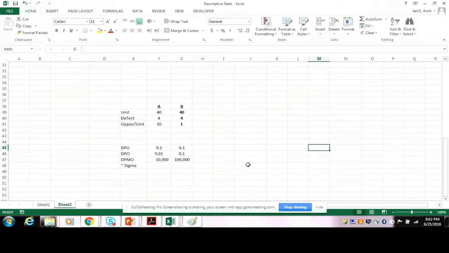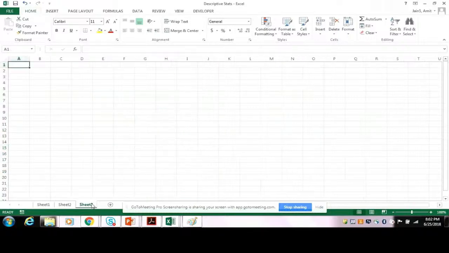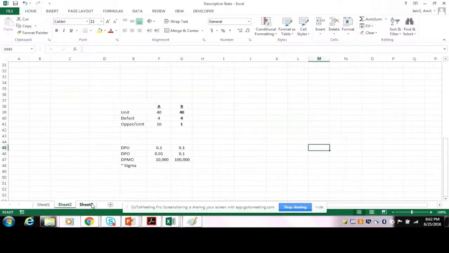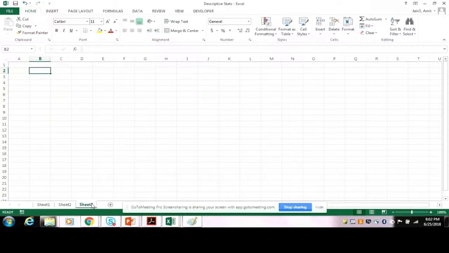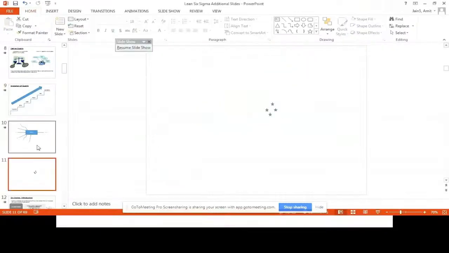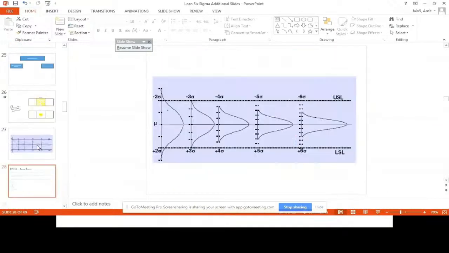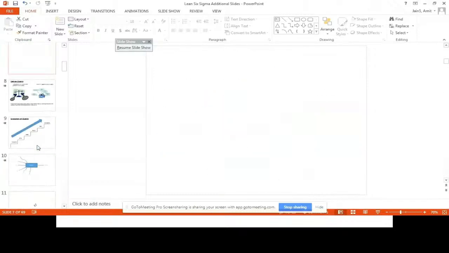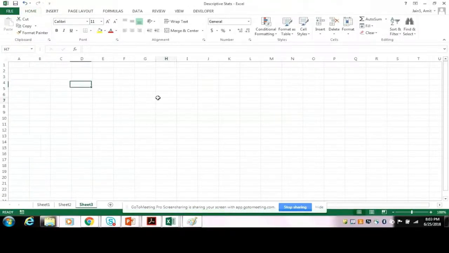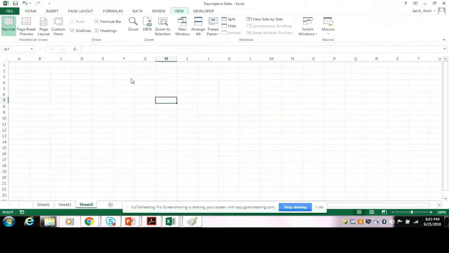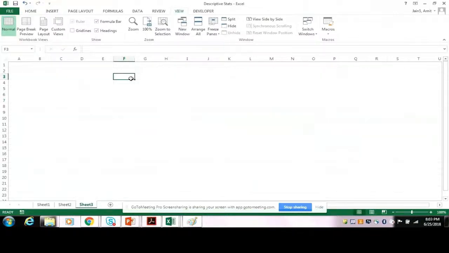Okay, let's try and understand the concept of data analysis. I was planning to cover it after define, but since we have started this, let's try to cover the concept now. Let me just see if I have it somewhere in the slide. Okay, I don't have it there. So any data that we have, let's try to do some data analysis.